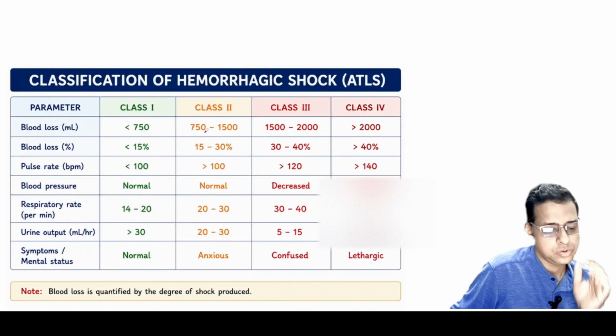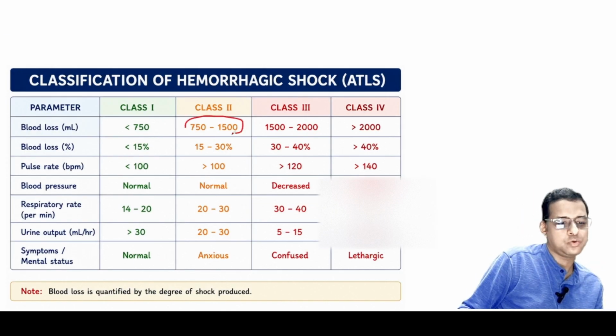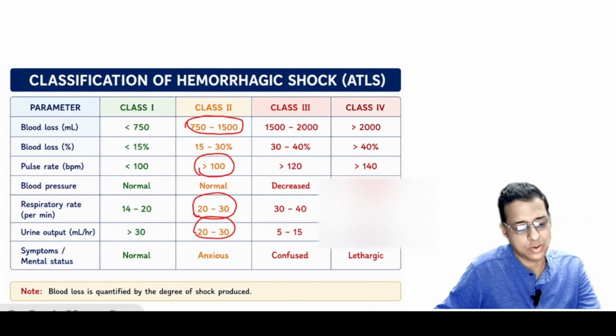In class 2, blood loss is 750 to 1500, so blood loss should be greater than 750 ml. Pulse rate should be greater than 100, and blood pressure is normal. Respiratory rate is 20 to 30, and urine output is also 20 to 30. You have to know this.